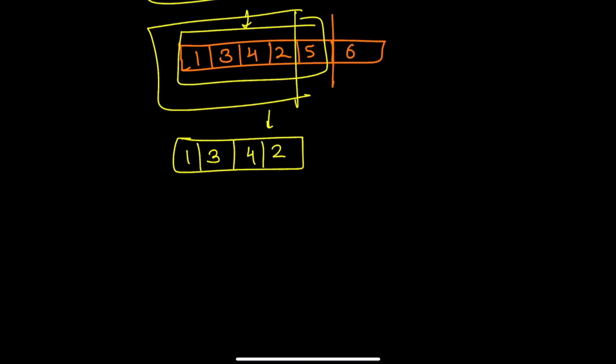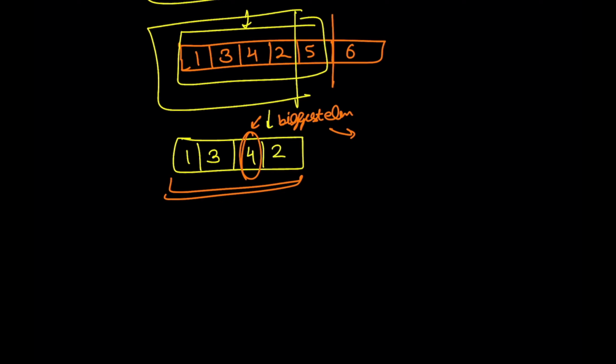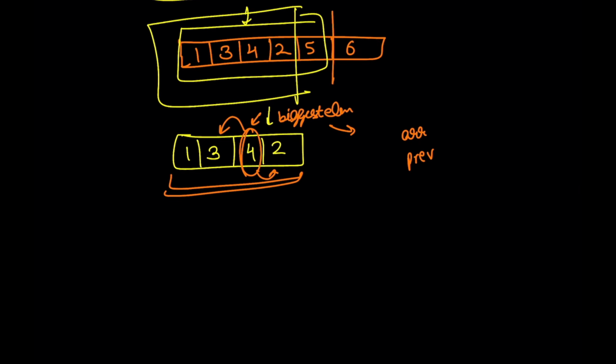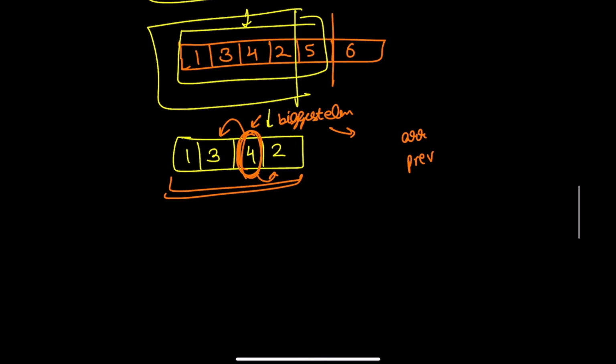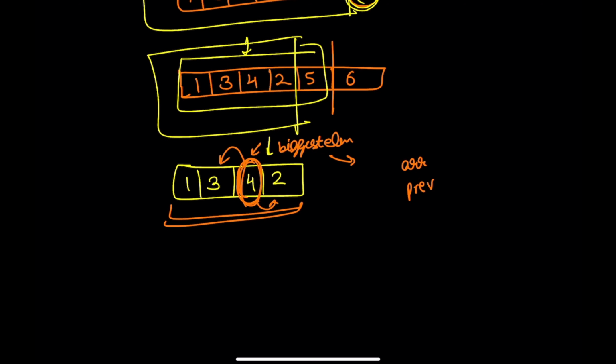Now since 4 is the biggest element in this array, the previous and the next would always be lesser than this. This 3 is always going to be less than 4 and this 2 is always going to be less than 4. That's why we can always shift this to the last element, and proceed forward by shortening the whole array.